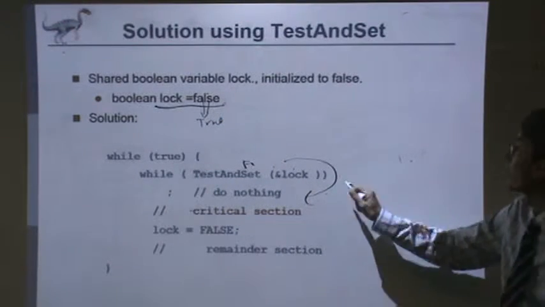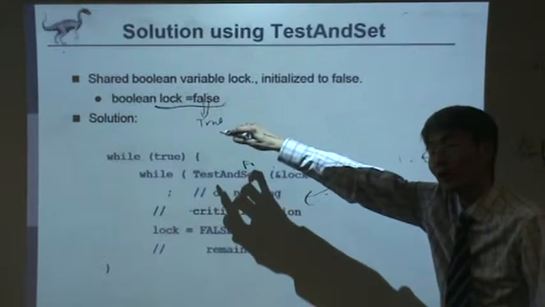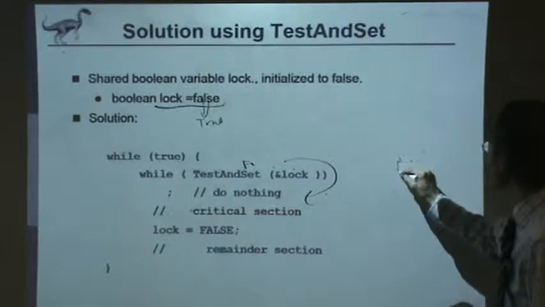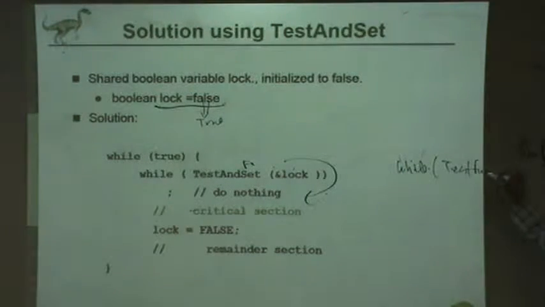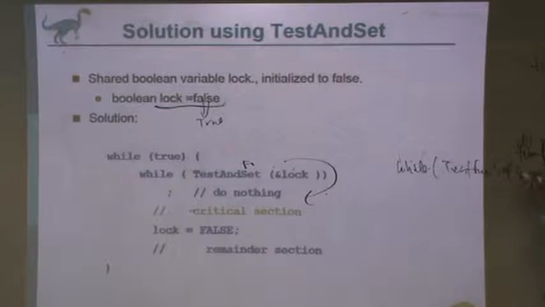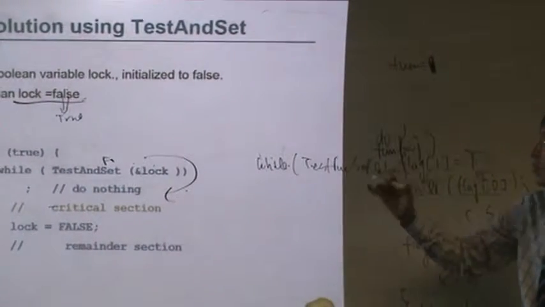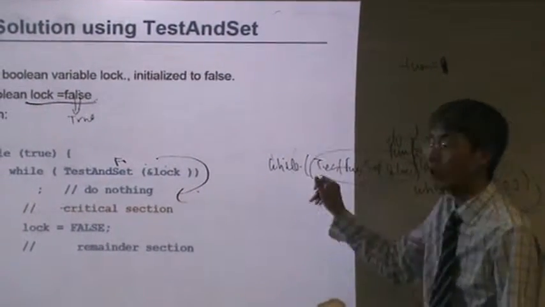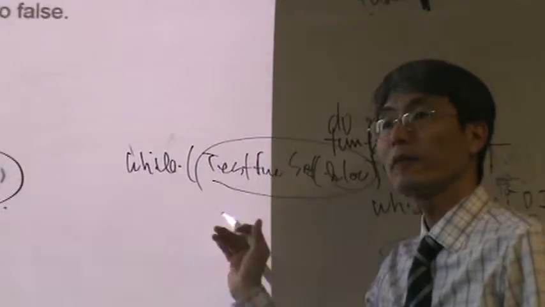At this time, if there is another process that wants to access the critical section and executes the same test and set instruction on the lock, what is the value of lock? Currently true. So the output of this instruction is true. True means you cannot leave the while loop.